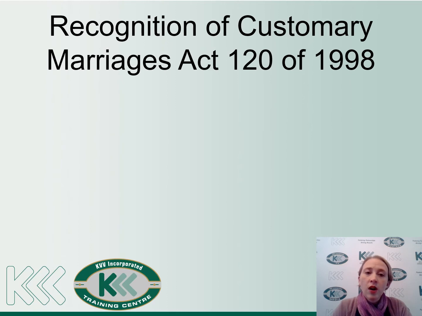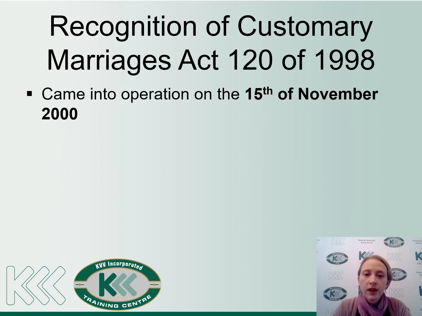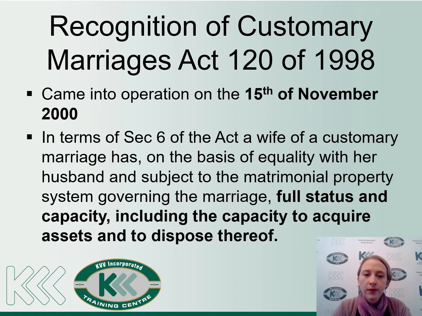Since the inception of the Recognition of Customary Marriages Act of 1998, customary marriages are recognized as valid marriages in terms of South African law as long as certain requirements have been met. This act came into operation on the 15th of November 2000.